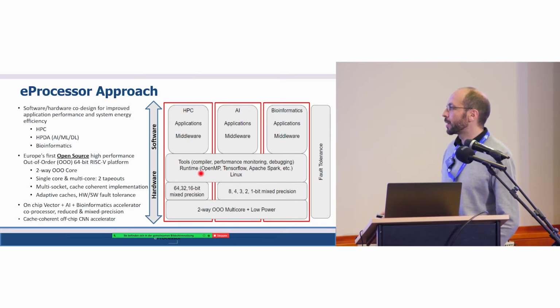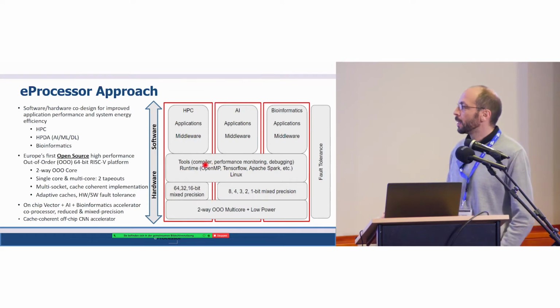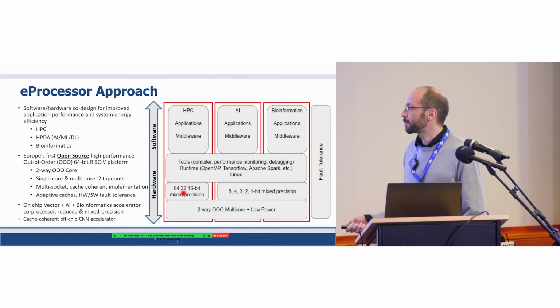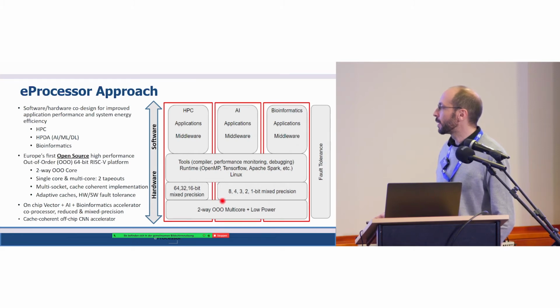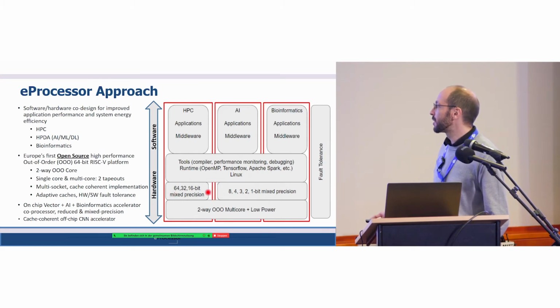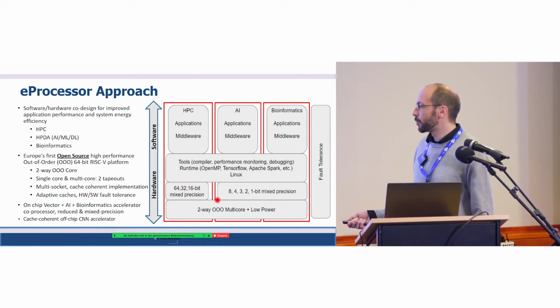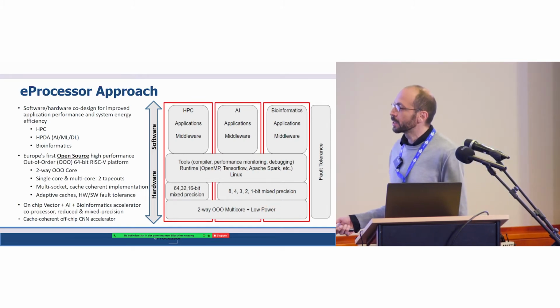Underneath we have the hardware layer. We're doing mixed and reduced precision. We're doing 64, 32, 16-bit, and 8-bit mixed precision, and also 8, 4 to perhaps 1 bit integer precisions. And also we're doing a 2-way out-of-order multi-core and low power and accelerators.